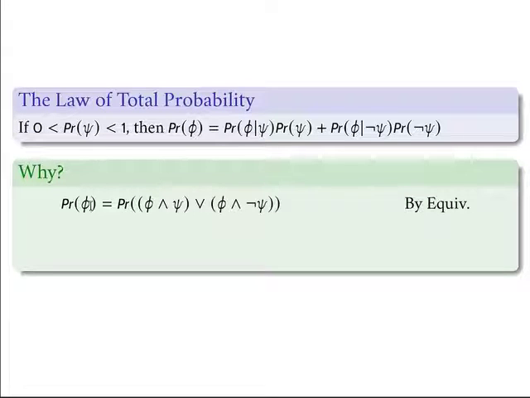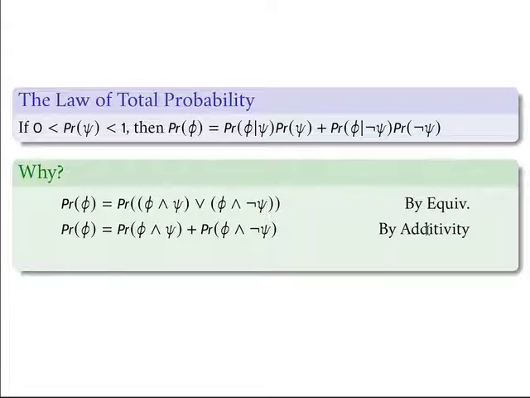Now, given that phi is logically equivalent with phi and psi, or phi and not psi, that entire sentence here, we can apply the rule that says that logically equivalent propositions have the same probability to know that the probability of phi equals the probability of phi and psi, or phi and not psi. Then, by the special additivity rule, we can unpack the probability of this disjunction, because we know that the sentence phi and psi is mutually exclusive with the sentence phi and not psi.